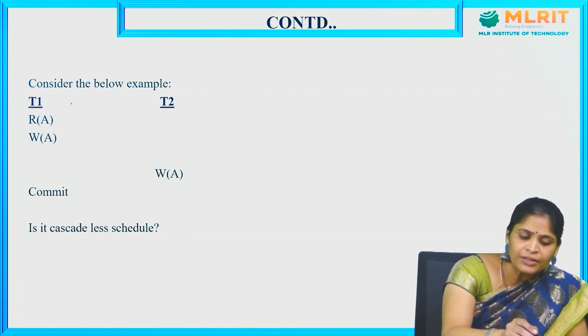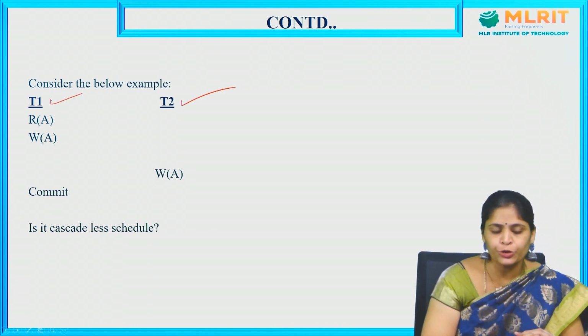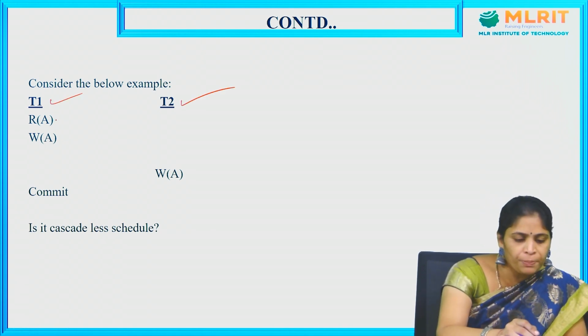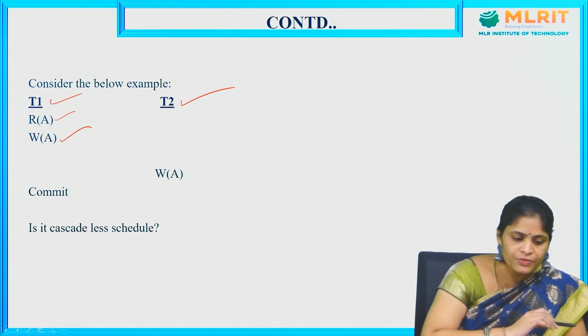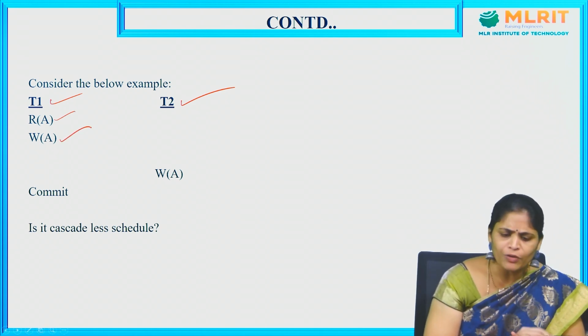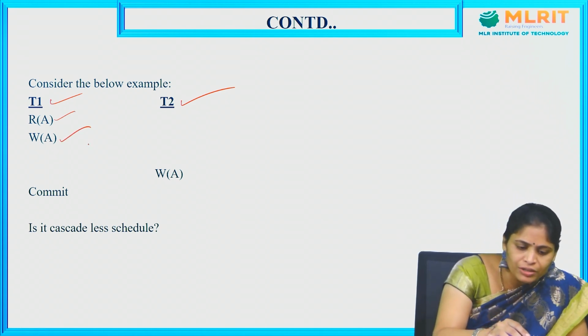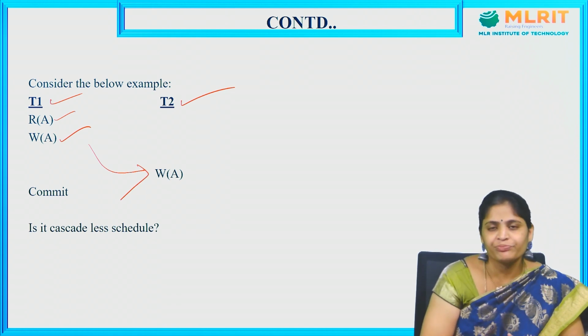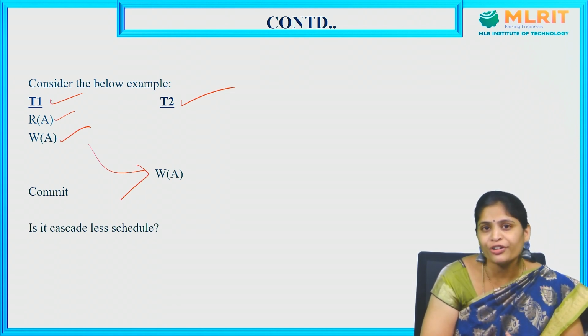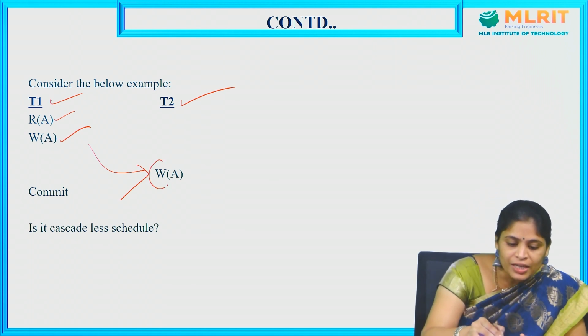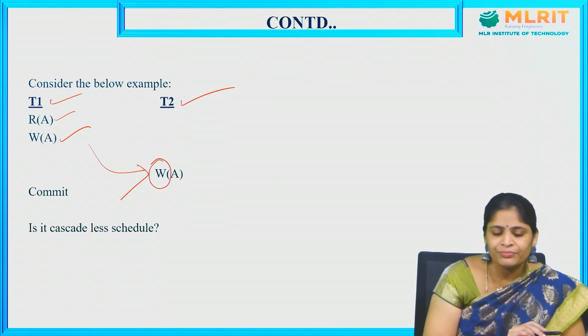See here, we have two transactions T1 and T2, and we have read and write operations performed in T1. Meanwhile, T2 tries to update, not read. T2 tries to write before committing.